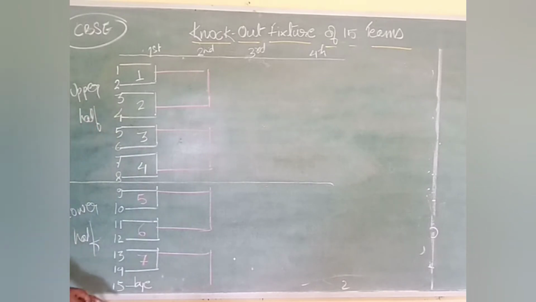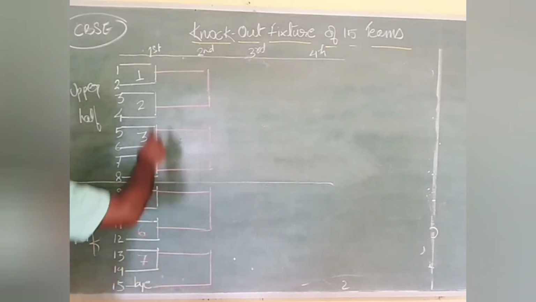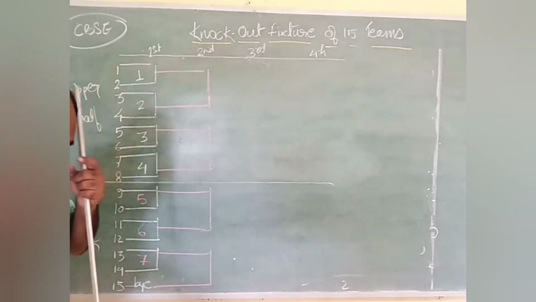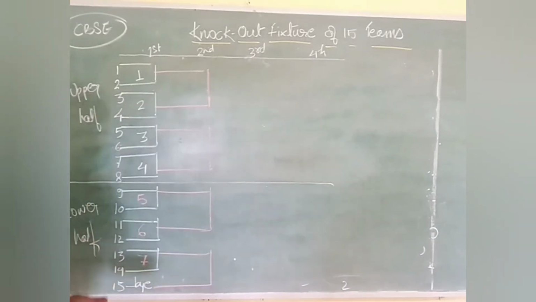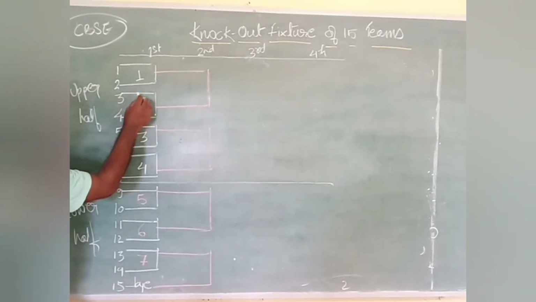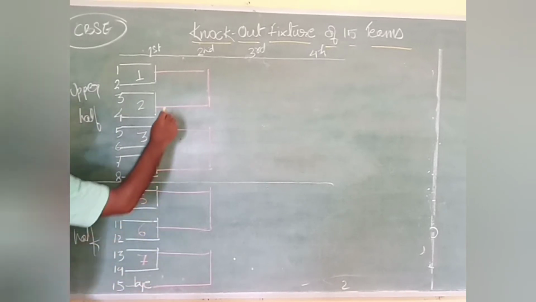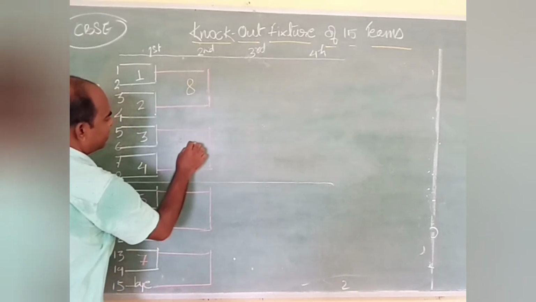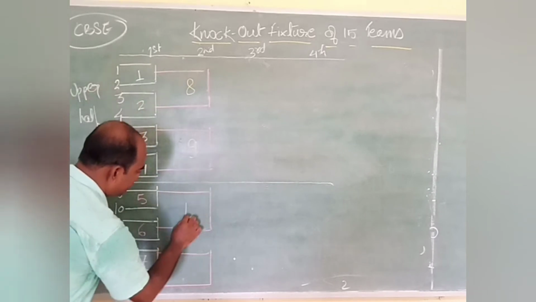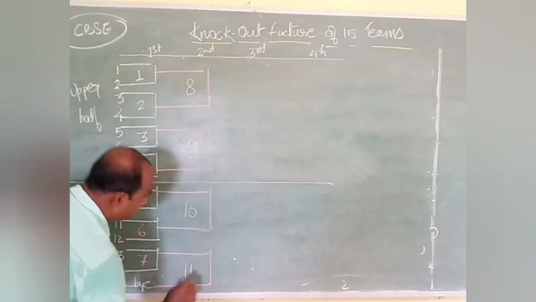Since team number 15 got the bye, team 15 is going to play directly in the second round with the winner of 13 and 14. So this is the second round. You can see here match numbers 1 to 7, then match number 8, 9, 10, and this is match number 11.